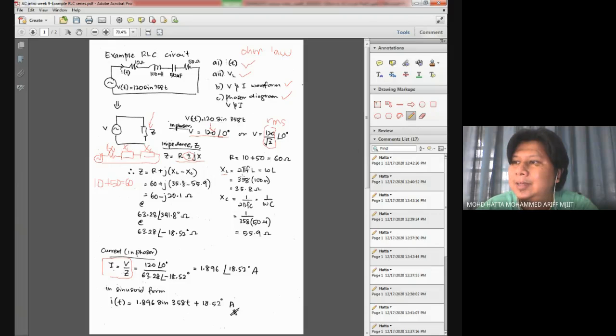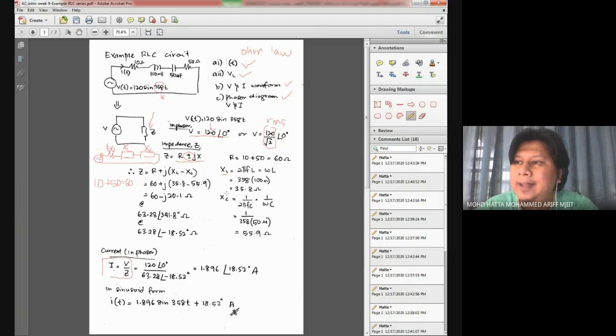XL is given by 2 pi FL, and in this example, you don't need to calculate your frequency value because the value of omega is given here. Just use this omega and multiply it with your inductor value, and you will get your XL value as 35.8 ohm.